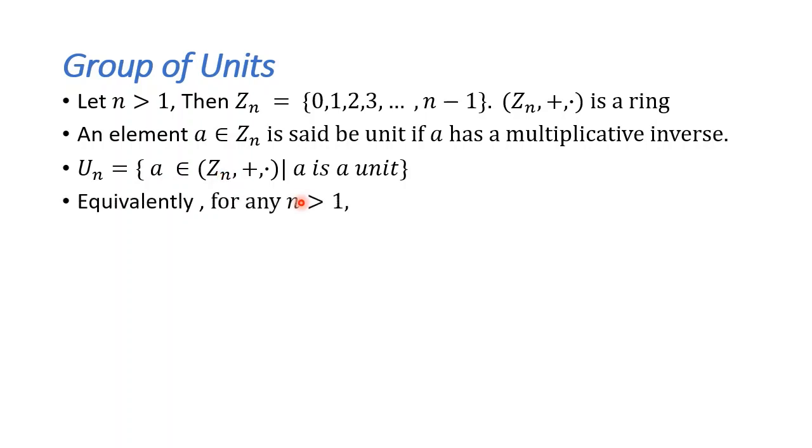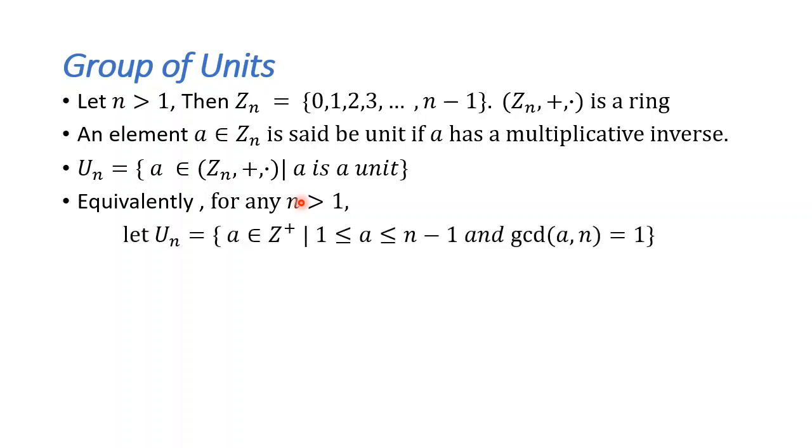This you can find from this formula. Of course, Zn will have numbers from 0 to n minus 1. In that, we are not going to include 0, because 0 doesn't have a multiplicative inverse. So from 1 to n minus 1, you take any number and find the GCD of that number with n.